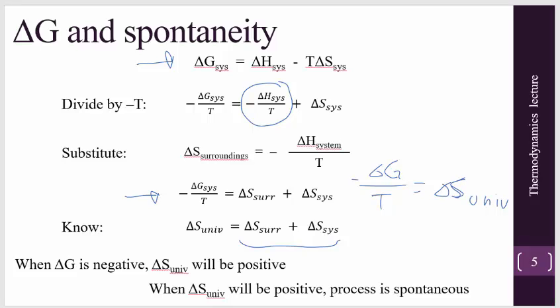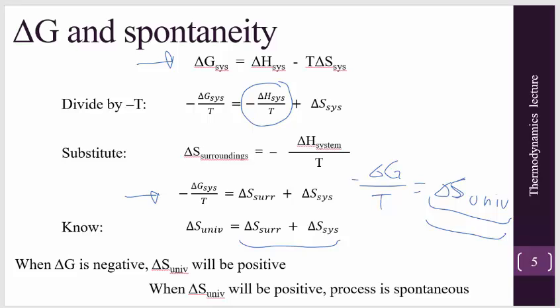our change in delta G is related to the change in entropy of the universe, which is something that we talked about with spontaneity. So if a process is spontaneous, the change in entropy of the universe will increase, will be some positive number. So if our delta G is negative, that will actually give us a change in entropy of the universe that is positive, and our process will be spontaneous.